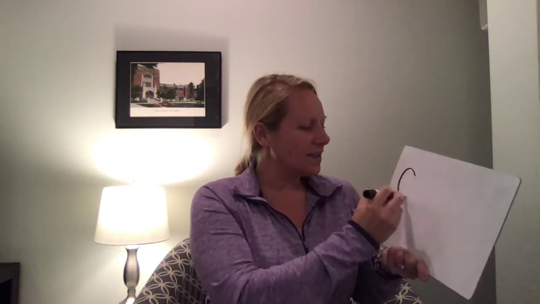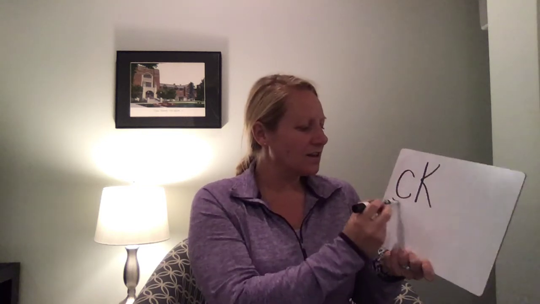On your paper, write the digraph that makes the sound k. Keep in mind it often comes at the end of a word, after a short vowel. Be ready in 3, 2, 1. CK, sock, k.